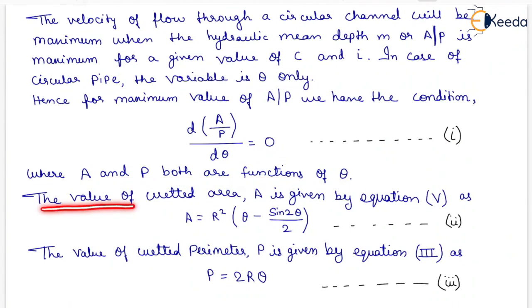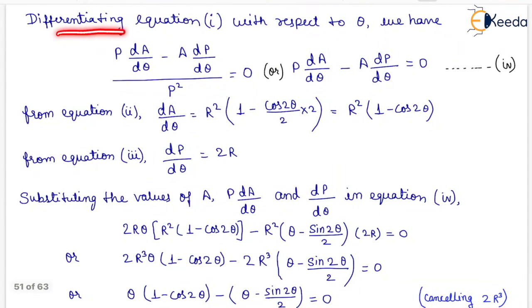The value of wetted area A is given by equation 5 as A equals r² into (θ minus sin2θ by 2), the second equation. The value of wetted perimeter P is given by equation 3 as P equals 2rθ, the third equation. Differentiating equation first with respect to θ, we have P dA upon dθ minus A dP upon dθ equals 0.